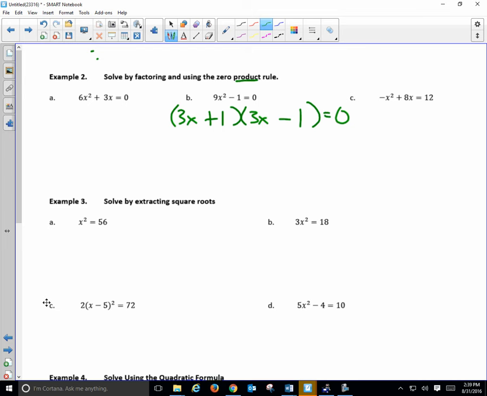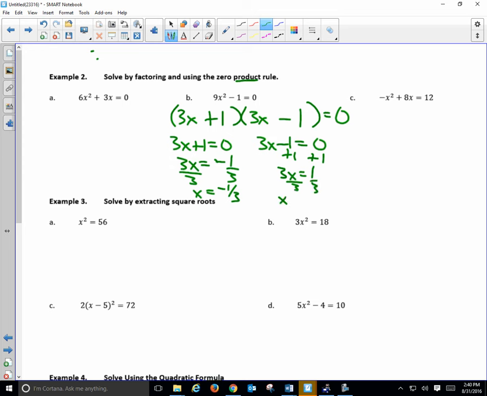So let's solve. 3x plus 1 is equal to 0, and 3x minus 1 is equal to 0. 3x equals negative 1, so x is negative 1/3. 3x equals 1, divided by 3, x is positive 1/3. How many solutions did I come up with? Two, because the degree is 2.